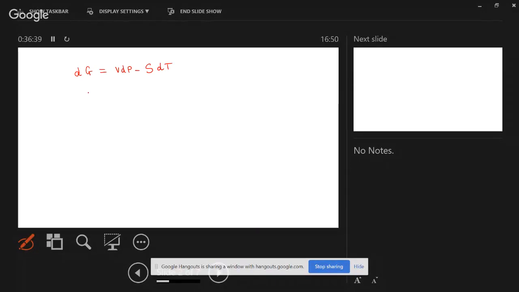Now, let's write the fundamental property relation for internal energy change.